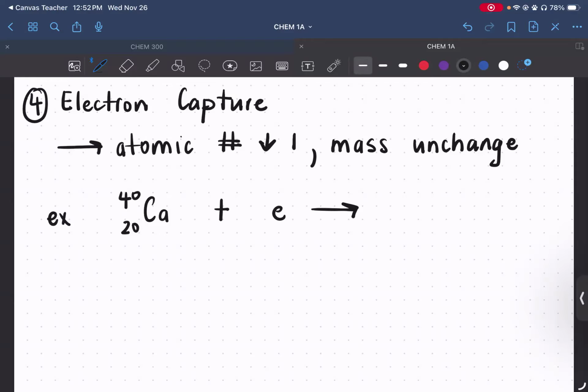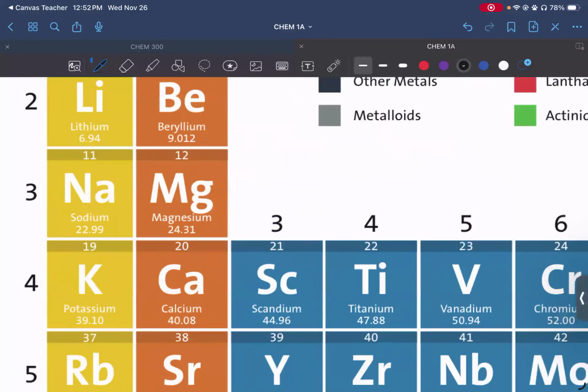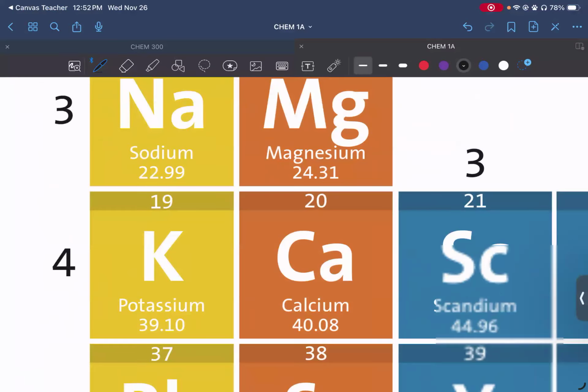This atom is getting shot at with an electron, so it's getting added to it. The atomic number goes down by 1, but nothing happens to the mass. So identify this off the periodic table. We look at atom number 19, which of course is potassium, K.